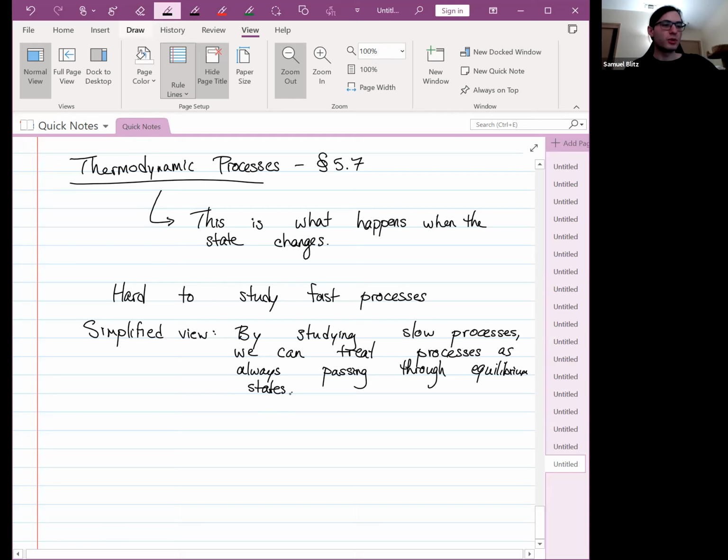An example of this would be, rather than just taking a pot and sticking it onto a really hot stove, that's relatively fast. Actually, that's probably sufficiently slow that it's fine. How about throwing a pot of water into a fire? That's a really fast thermodynamic process because the water will change phases and heat up very, very quickly. But if you just put your pot of water on a warm stove, but not super hot, now you're just adding a little bit of energy at a time.